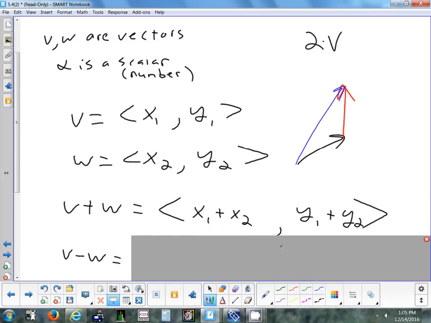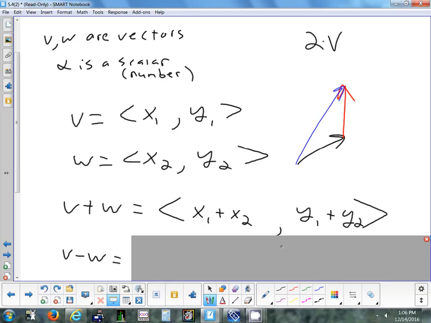So the formula, if you have the numbers that represent the vector, you don't have to draw it. You just take the x components, add them together, take the y components, and add those together. And that's how you can add two vectors without sketching it. x1, y1, x2, and y2 will all be numbers in a problem, so you'll be able to add them.